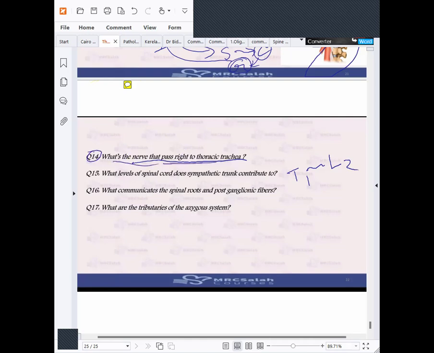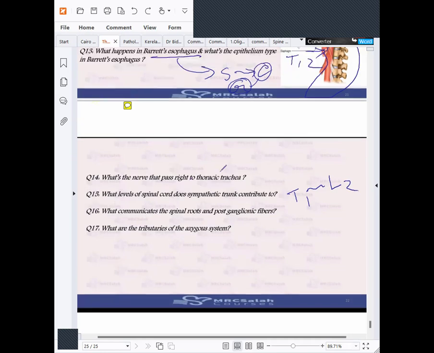What is the nerve that passes right to the thoracic trachea? Vagus nerve. Which vagus? Right. Yes, it is right because they are asking right to the trachea. As we have two vagus nerves, right to the trachea would be the right vagus nerve.